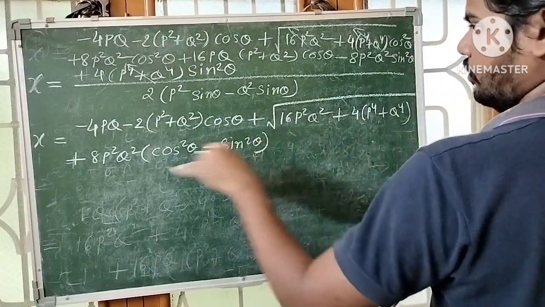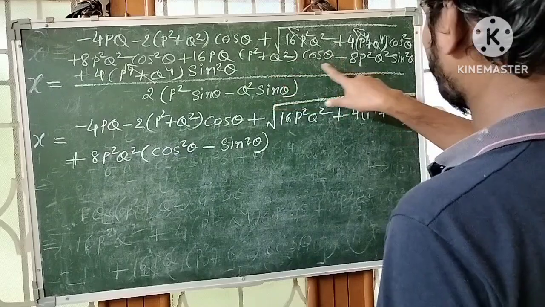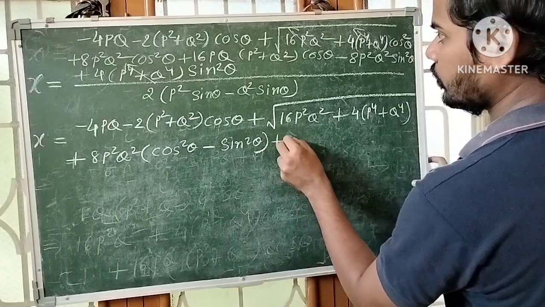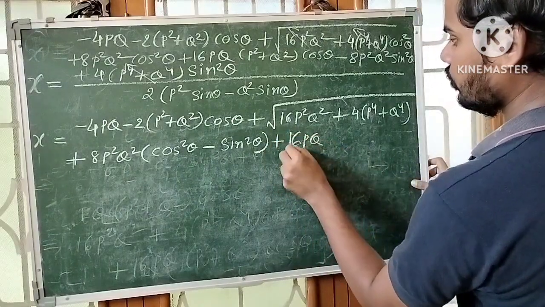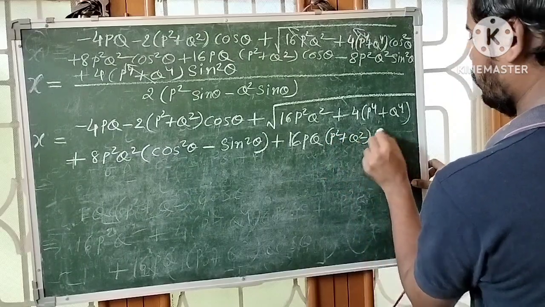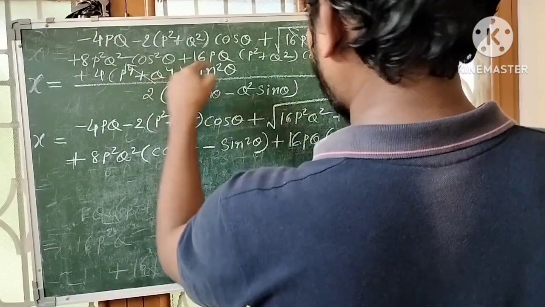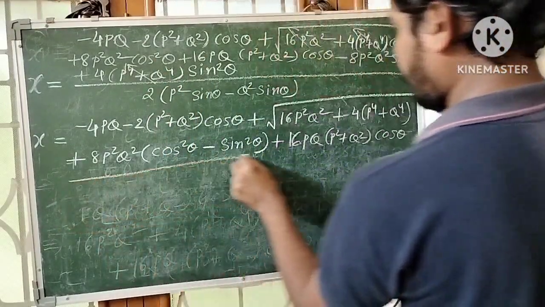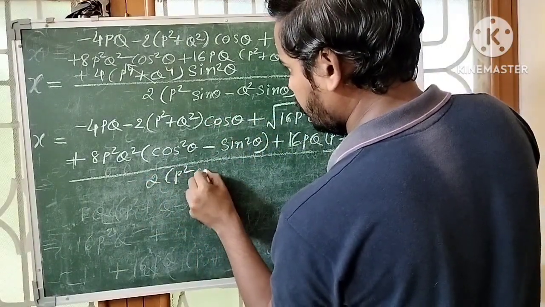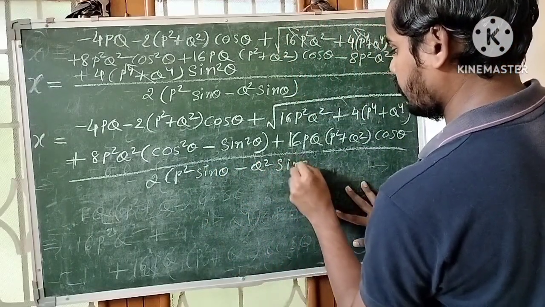So all terms come under the square root, plus 16 pq into (p square plus q square) cos theta, all divided by 2 into (p square sin theta minus q square sin theta).